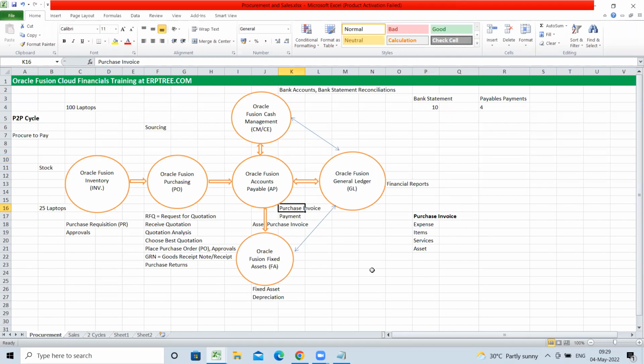When you create a purchase invoice, you need not select which account should go to debit and which account goes to credit. If you create a purchase invoice, it will create accounting automatically. You have to understand what accounting it is creating. By seeing, you can understand. You need not go and select what should go to debit and credit, not required. Because this is not a plain environment. It is a well configured and automated environment.